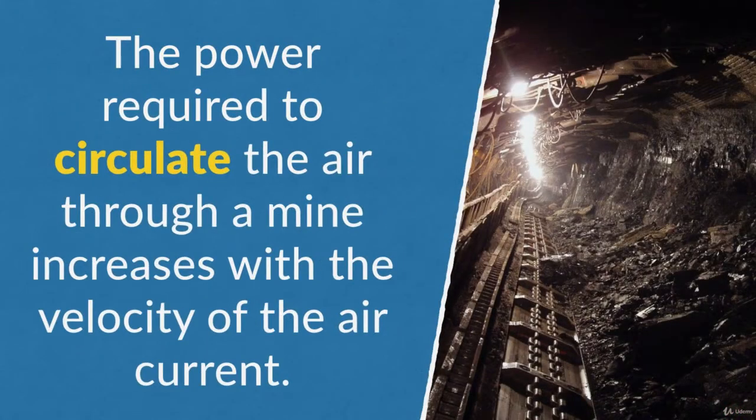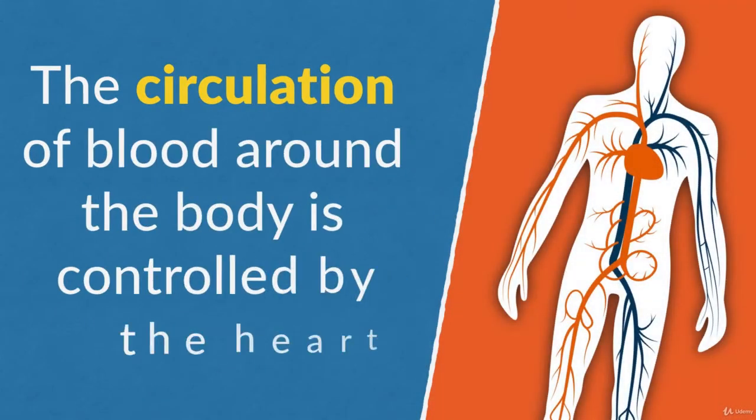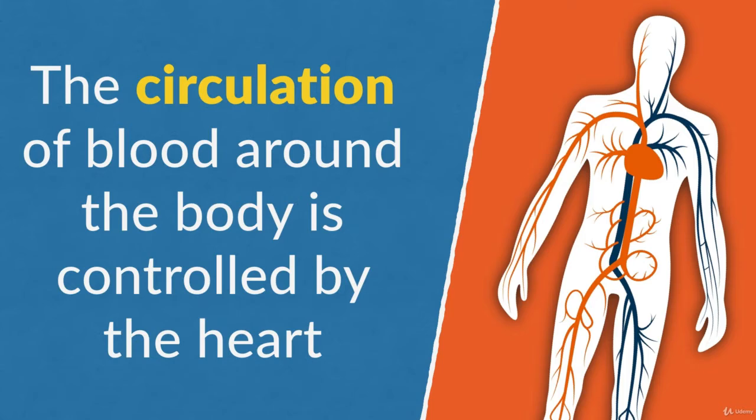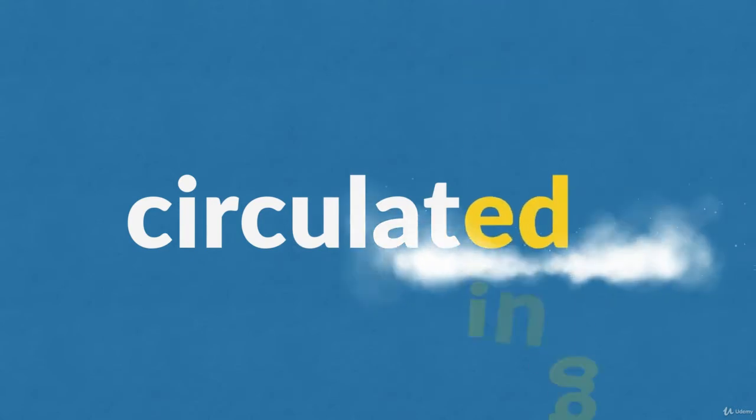The power required to circulate the air through a mine increases with the velocity of the air current. The circulation of blood around the body is controlled by the heart. And it's a verb, so you talk about circulates, circulating, circulated, and the noun form is circulation.